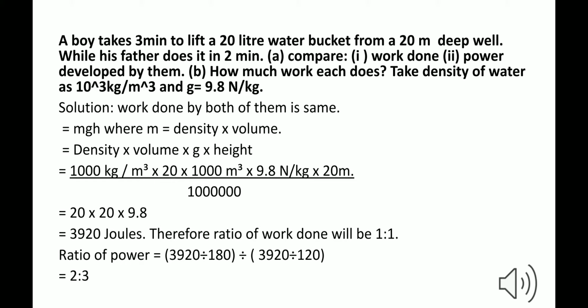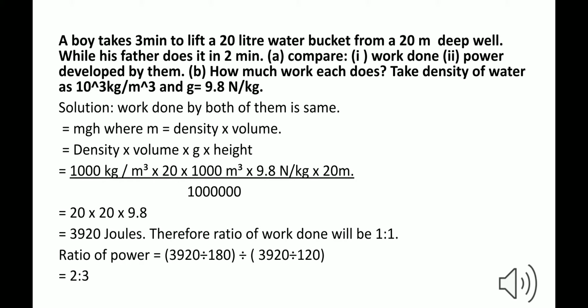So density is given as 1000 kg per meter cube. Now volume, it is given 20 liters. So 20 into 1000, it will convert to centimeter cube, if you know 1 liter is equal to 1000 centimeter cube.